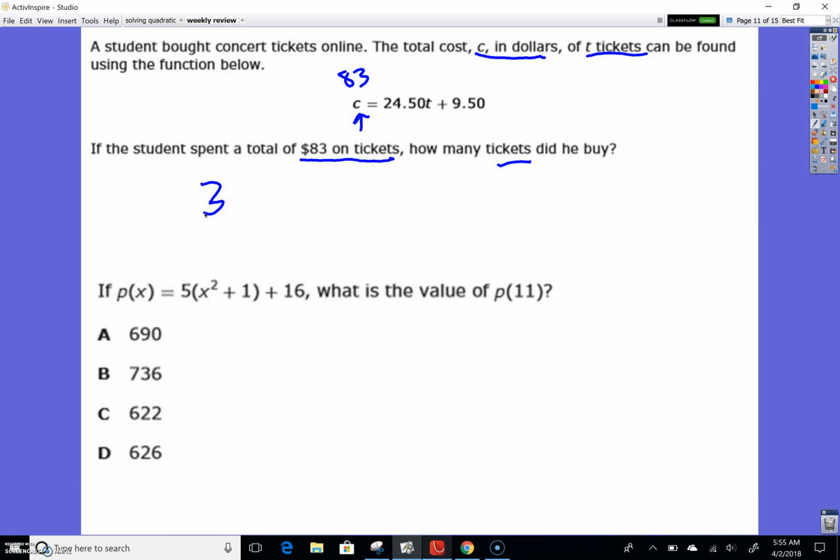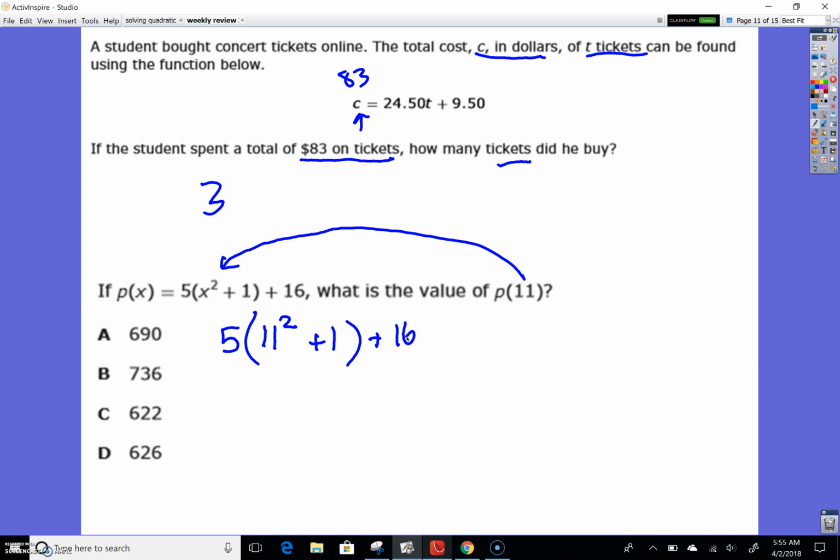This time, P, the way that we do this one, whenever they have it inside, we just substitute for the x. So I have 5(11 squared) plus 1 plus 16.